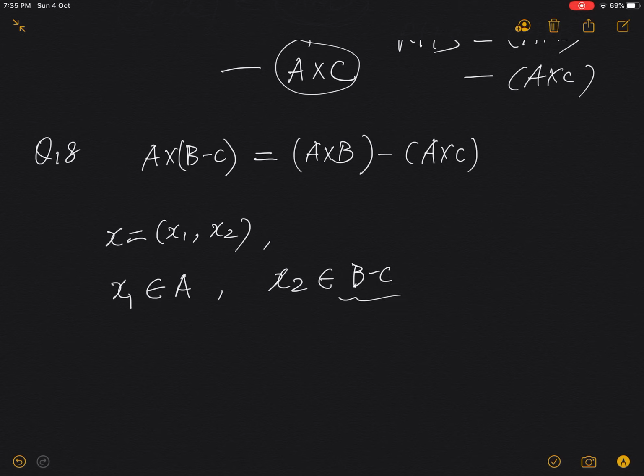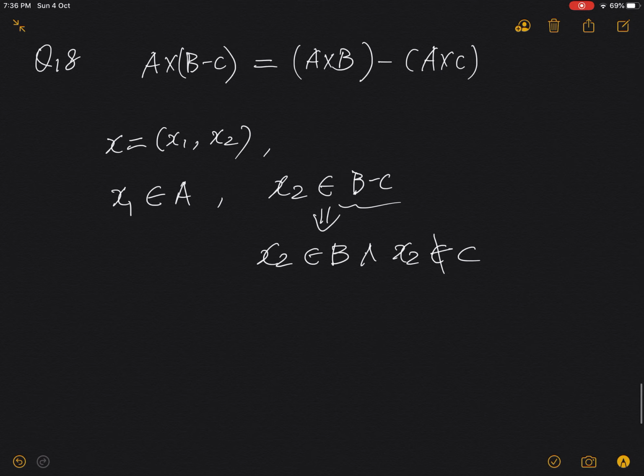B minus C here means x2 is in set B and x2 is not in set C. So for this case, we can have x1 chosen from set A, x2 chosen from set B first, and then remove the situations that don't satisfy.